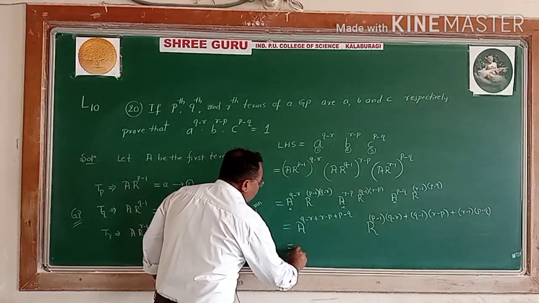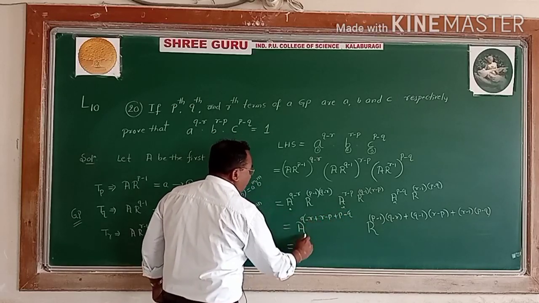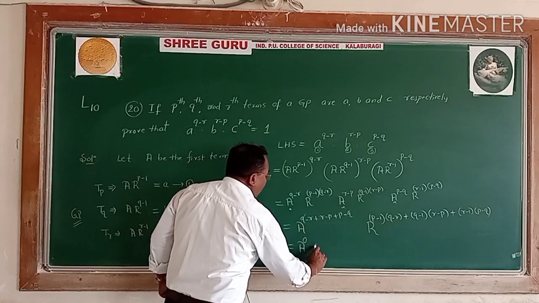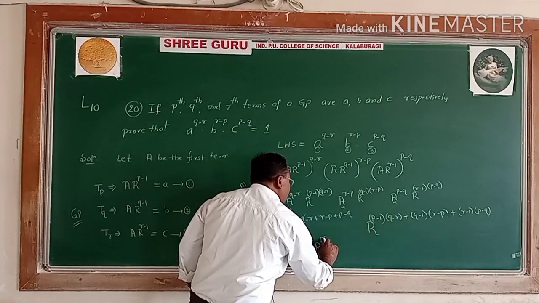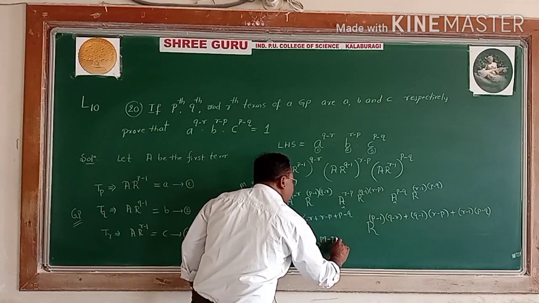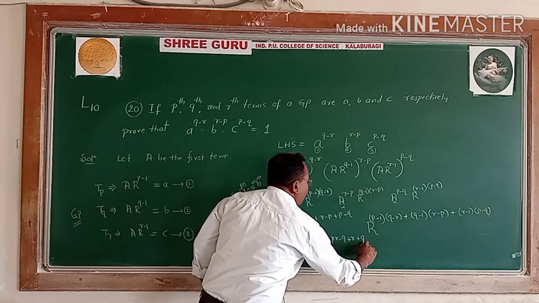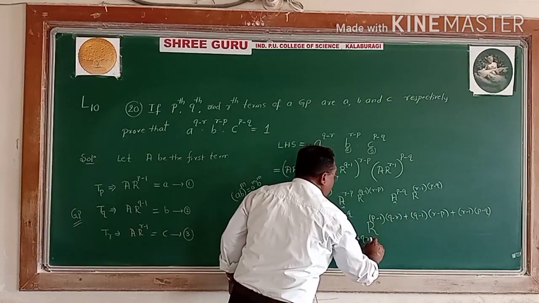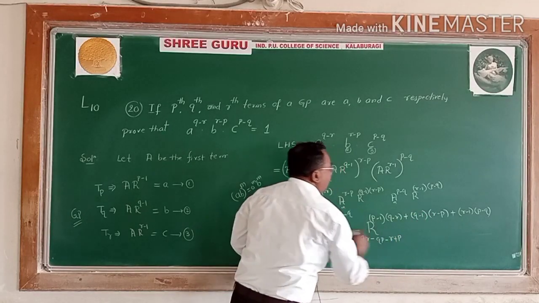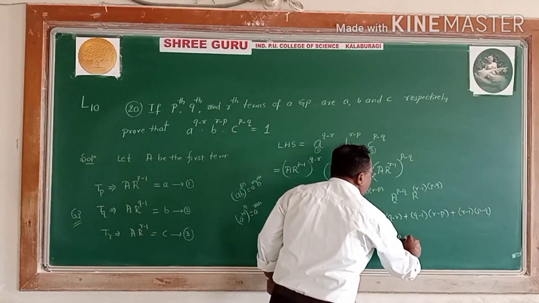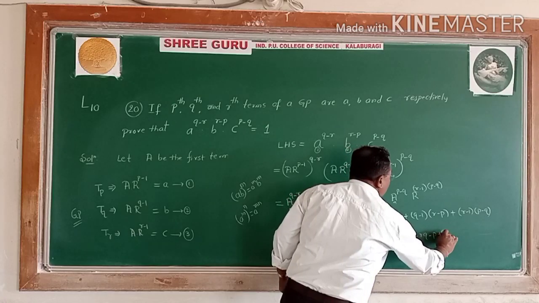This is A power, q, p, r get cancelled, the value is 0, into R to the power, simplify: pq minus pr minus q plus r plus qr minus qp minus r plus p plus rp minus rq minus p plus q.